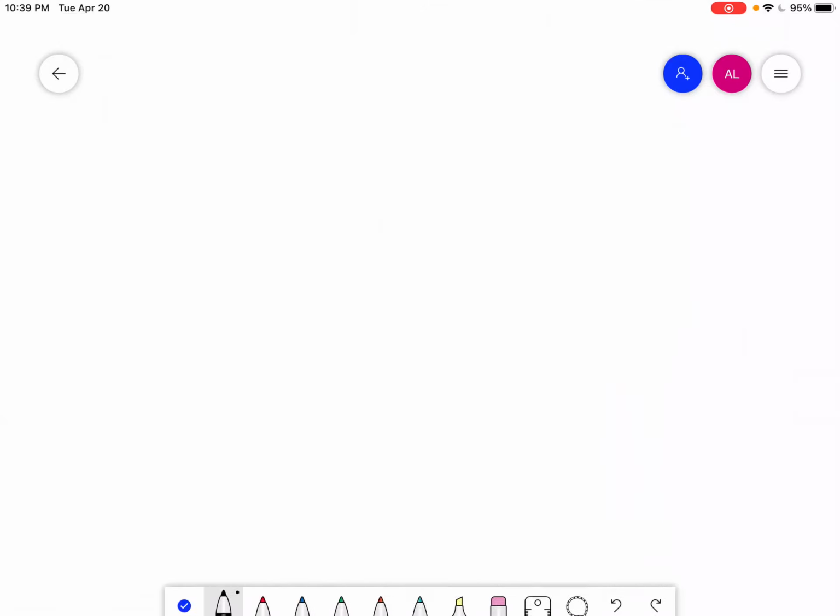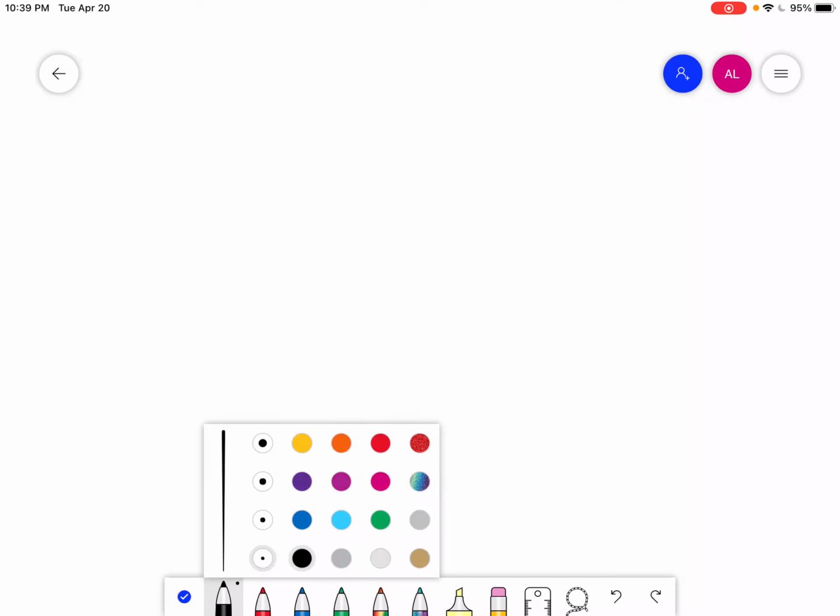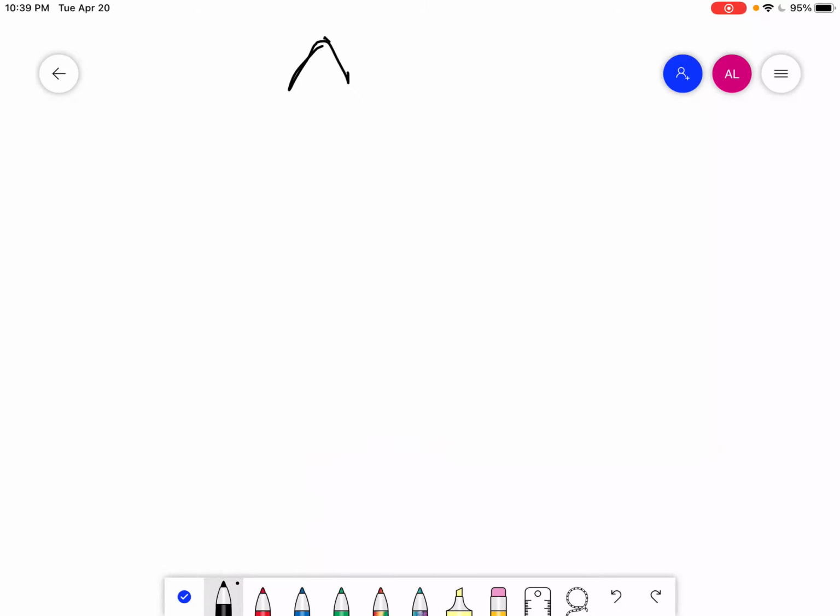So let's move on to the polar representation, which will use trigonometry. Okay, so I will redraw this.